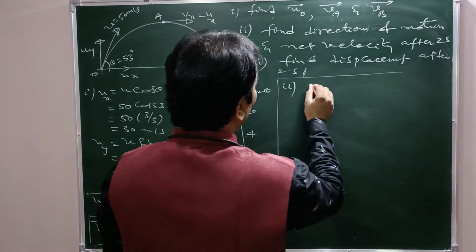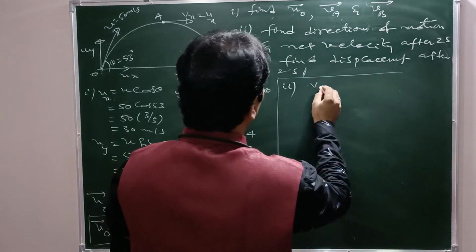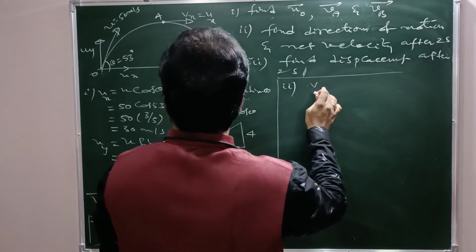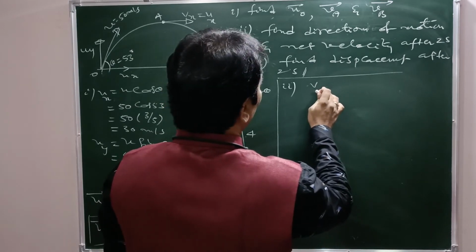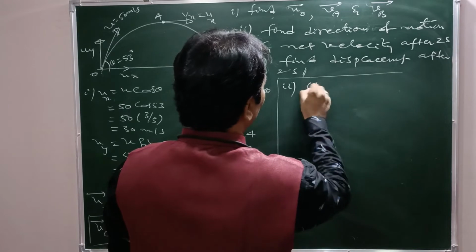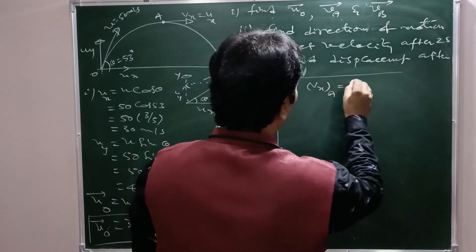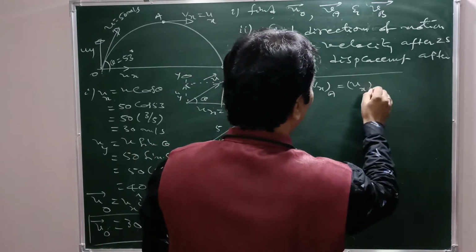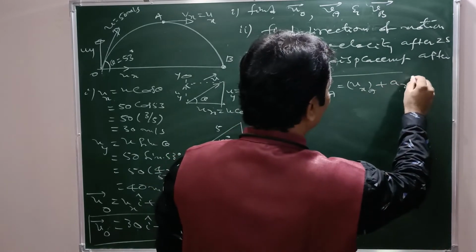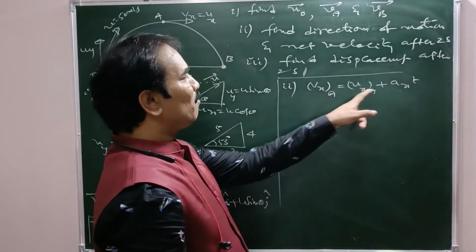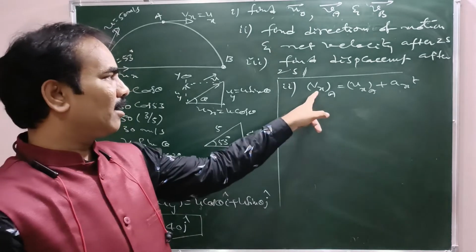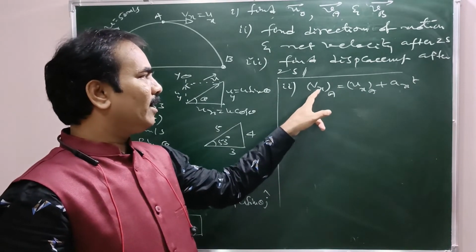Vx at A equals ux plus ax into t. So v equals u plus at, taking the x component: Vx at A equals ux plus ax into t.